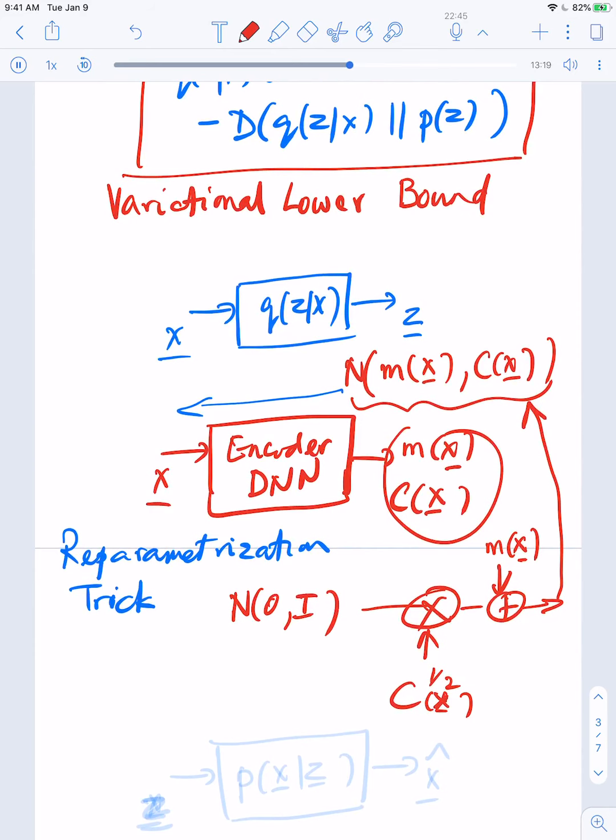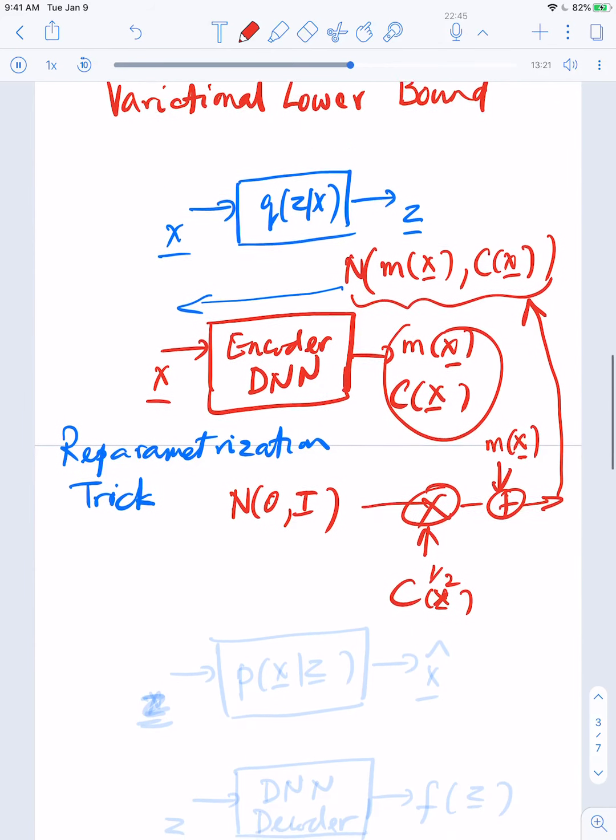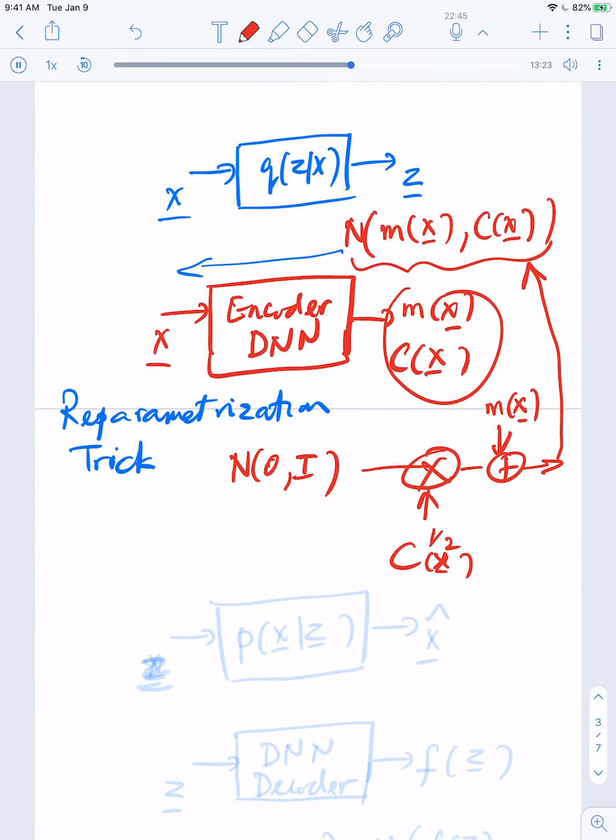We also need to make some assumptions for convenience for the decoder. Remember that the decoder is supposed to take Z and have a probabilistic mapping to give you an X hat. I take a sample from this probabilistic mapping and give you X hat.